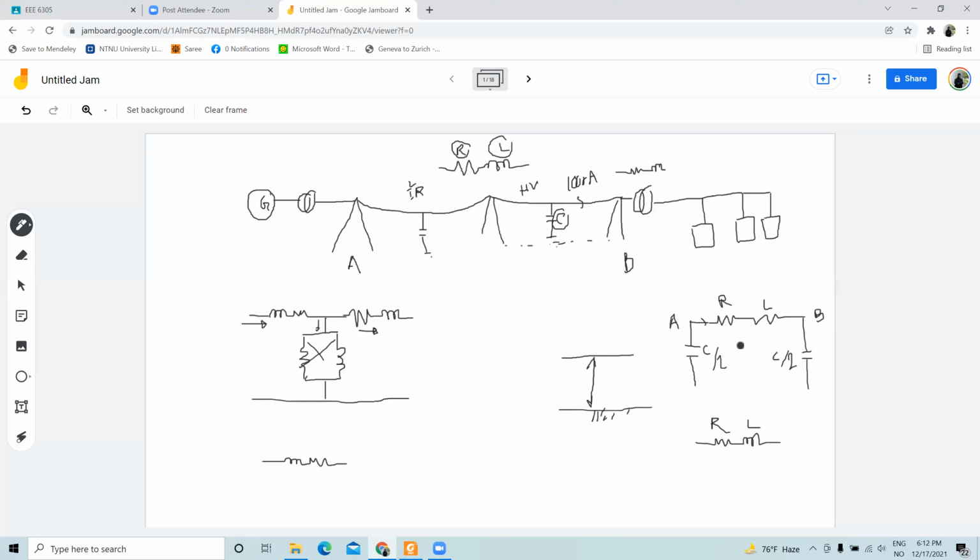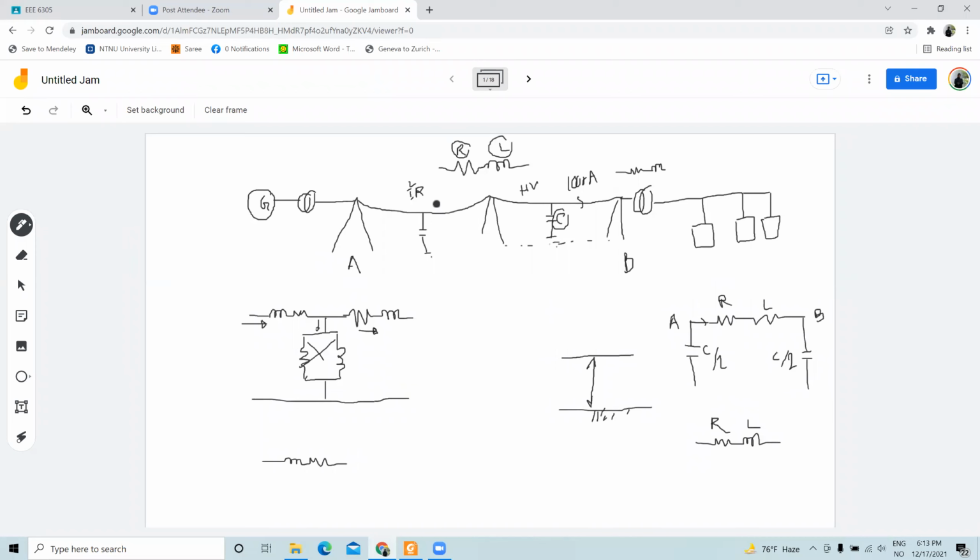This is what we normally do in static calculations, that is, steady state calculations. By steady state, I mean when you do not have any sudden change in the system. For instance, the system is running at normal condition, at 50 hertz and a certain voltage level.